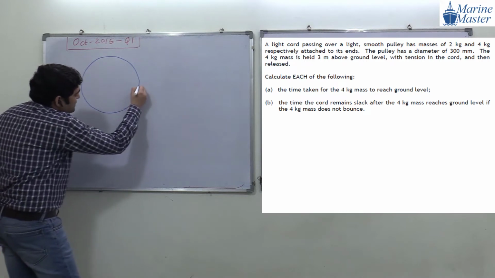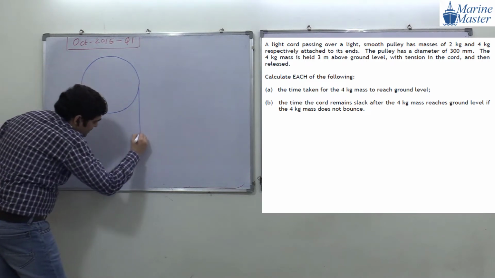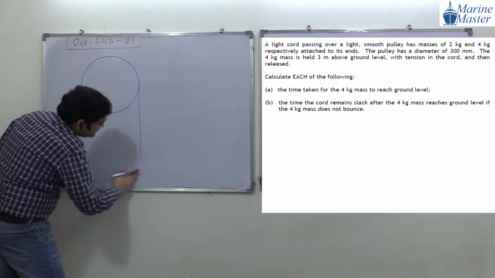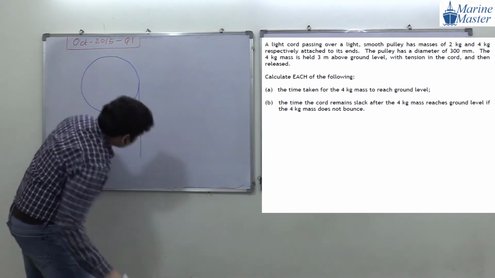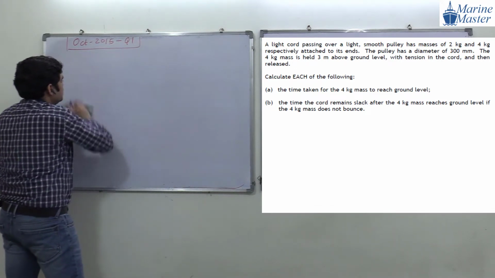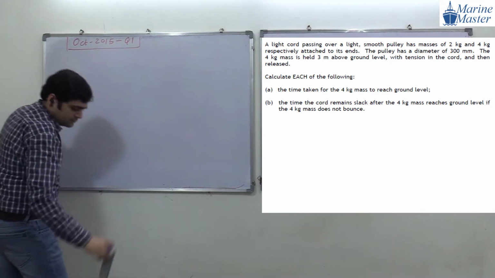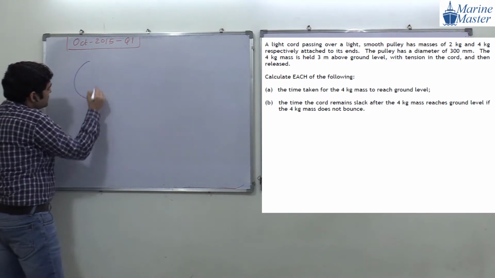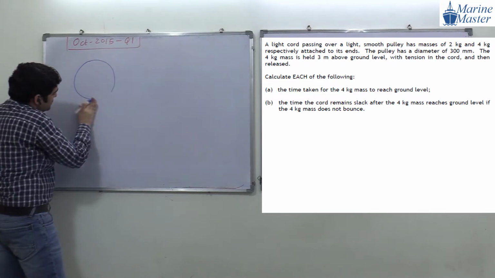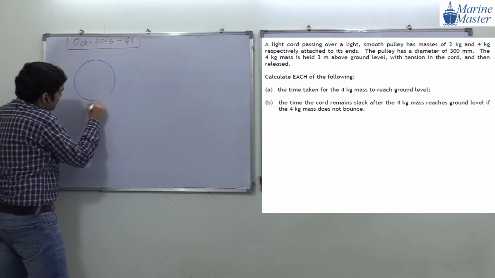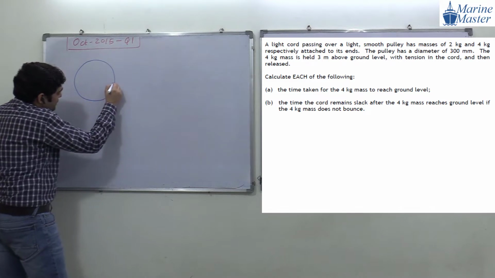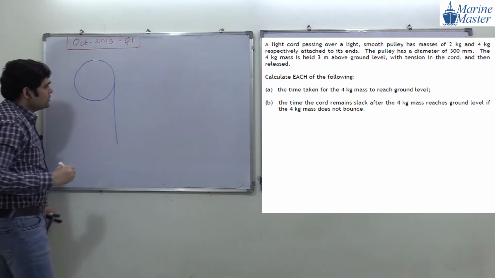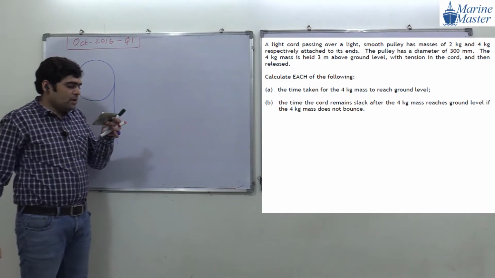Okay, I will try to draw the smaller drawing of the pulley. So this is our pulley. On one side of the pulley, what do we have? A 4 kg mass.